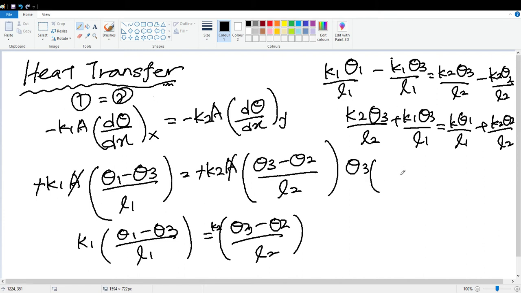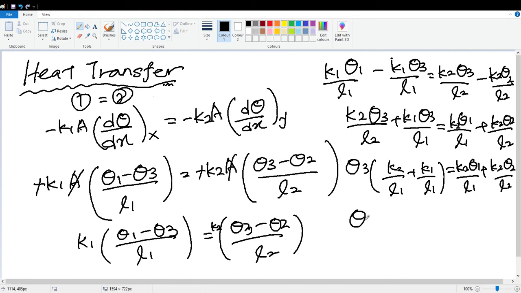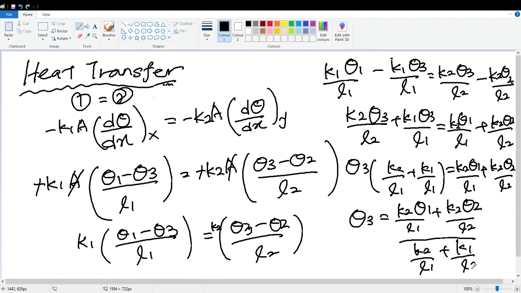What I have here is K2 over L2 plus K1 over L1. So what I have here for theta 3 is K1 theta 1 over L1 plus K2 theta 2 over L2, divided by K2 over L2 plus K1 over L1. So this is how we find the temperature of the junction.